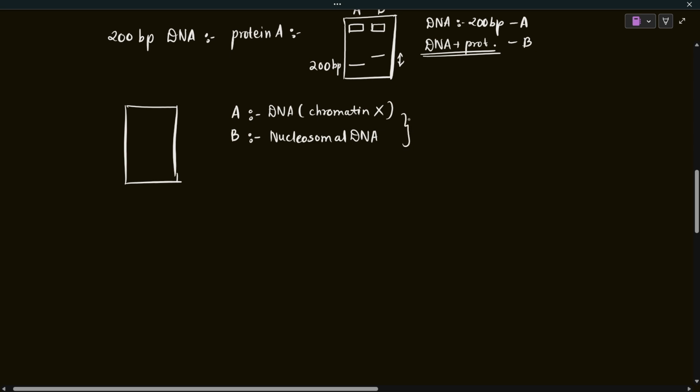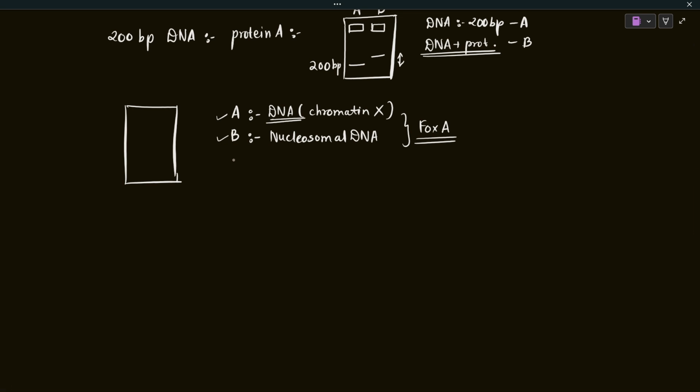And they incubated both DNA samples with FOXA. Just take into consideration that both samples A and B already have the sequence for FOXA. How did we get to know that? We used ChIP, we deciphered the sequence, and we engineered DNA which already has the sequence which can be bound by FOXA.